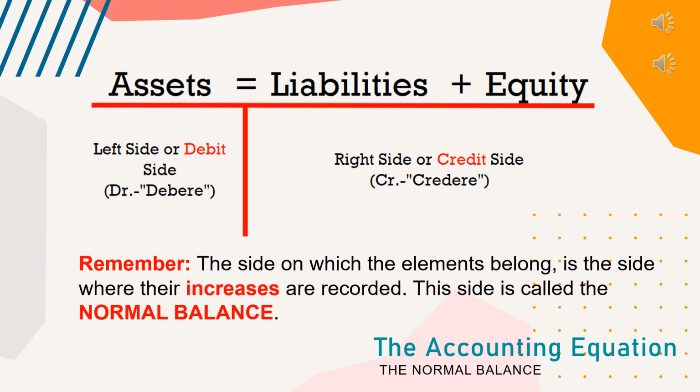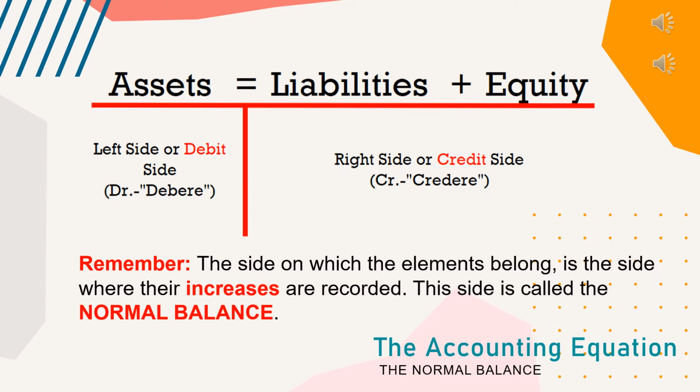Let us keep in mind that the side on which the elements belong is the side where their increases are recorded. This side where the increases are recorded is called the normal balance of these elements. For example, when a business transaction resulted to an increase in asset, that increase in asset is recorded as a debit.